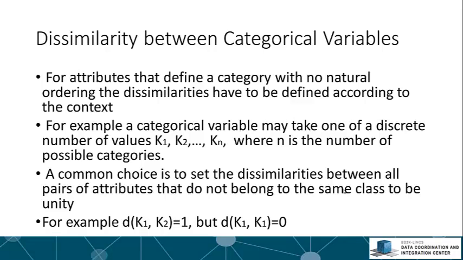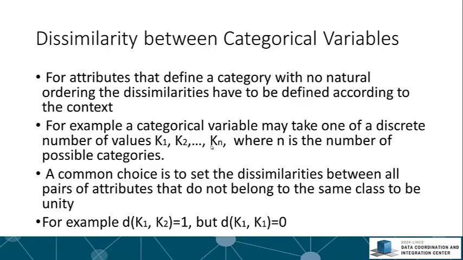And so these categorical variables are best described, instead of with numbers, as simple discrete values, such as indicated here with k1, k2, and so on, up to k_n, where n is the number of possible categories available.